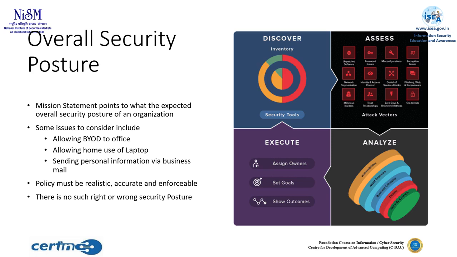Setting a goal for implementing that as per your mission statement is very important, and outcomes always give you the right way. Based on this, your policy should also be updated so that it is realistic, accurate, and enforceable, and there is nothing wrong in your security posture.